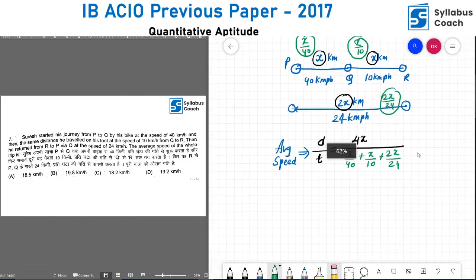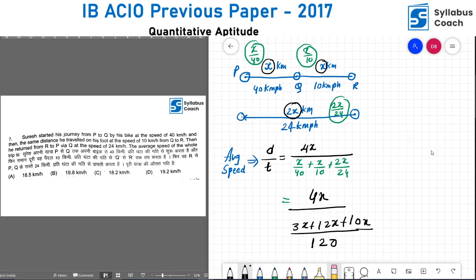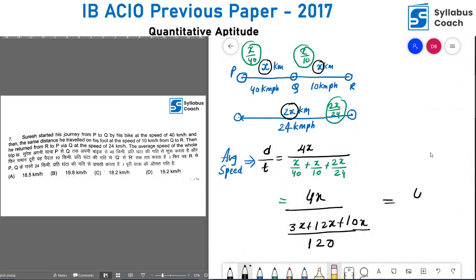So let me quickly write this properly. I have 4x by, the total LCM is going to be 120, and then this is 3x plus 12x plus 10x. So then I'll be left with 4x divided by 25x by 120.